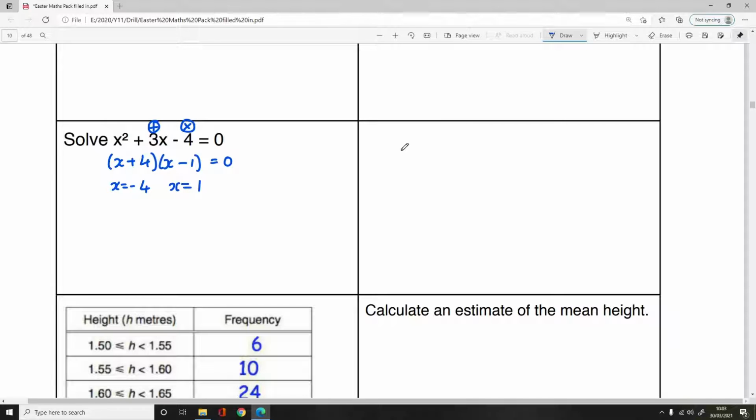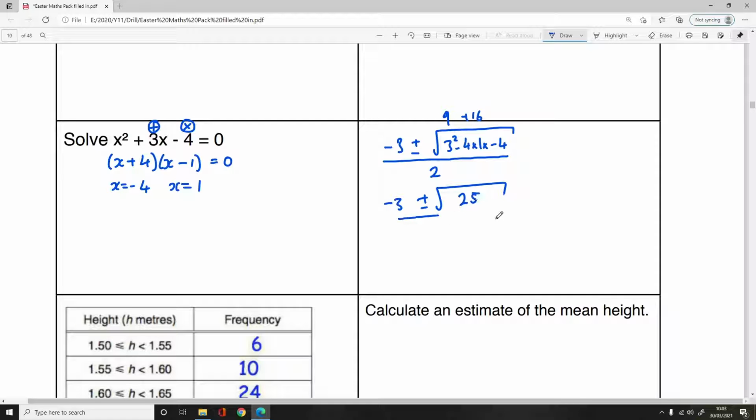If you were to use the quadratic formula, we would have minus 3 plus or minus square root of 3 squared minus 4 times 1 times minus 4, all over 2, which would simplify to 9 plus 16, so minus 3 plus or minus square root of 25 over 2.